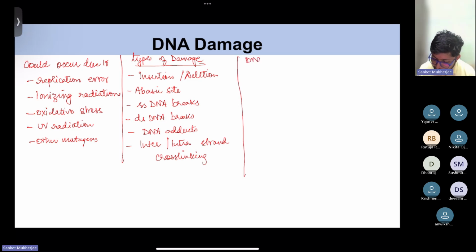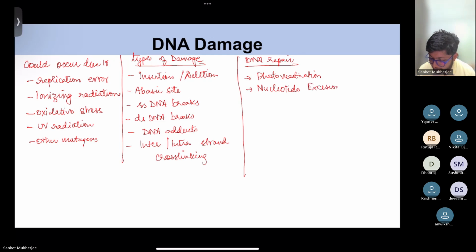What are the DNA repair mechanisms? One of them is photoreactivation. We will talk about it. Then there is nucleotide excision repair, also known as NER.